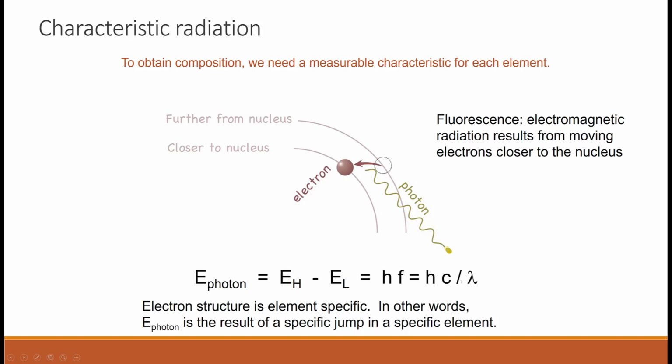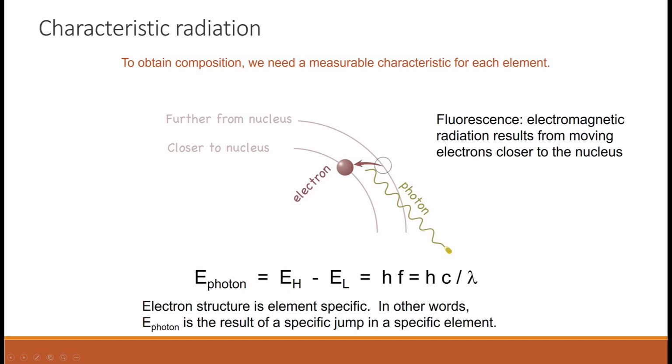Well, frequency is related to wavelength by the speed of light, and in this case we use the speed of light in a vacuum, c, divided by the wavelength. So the energy of our photon, or the X-ray of interest, is related to the wavelength through Planck's constant times the velocity of light in a vacuum divided by the wavelength.